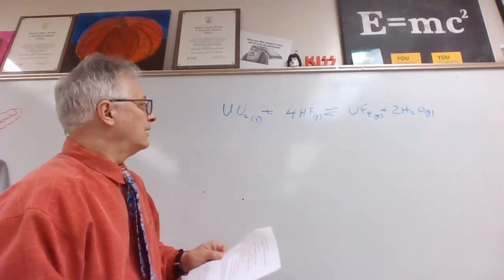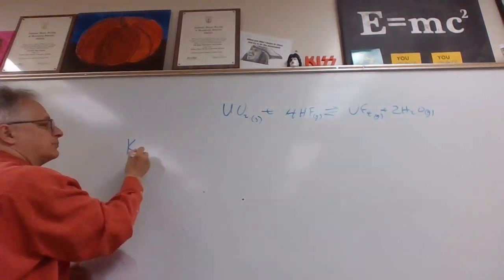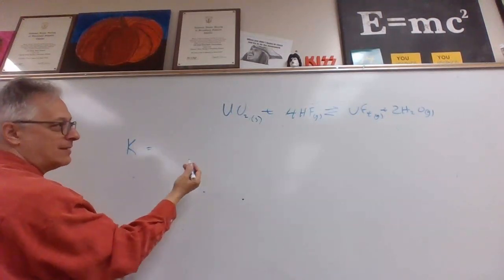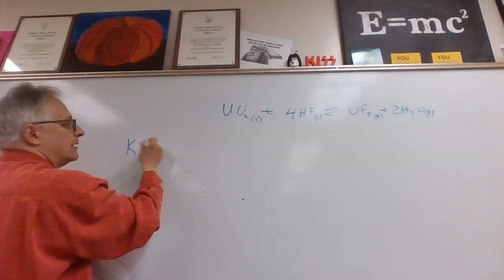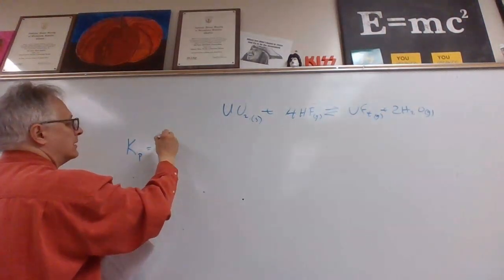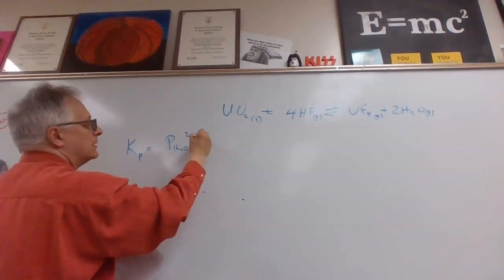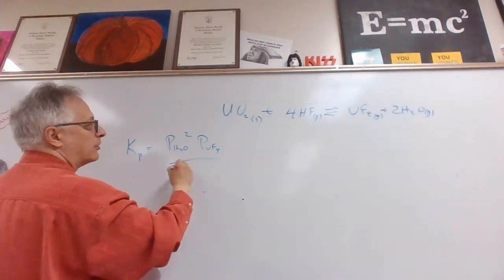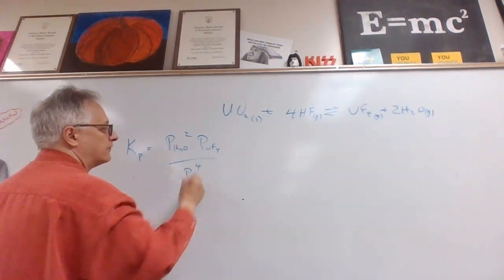So, what happens now? First of all, let's write the expression for this. I'm just going to put K here. It doesn't matter if we talk about KP or KC. Let's talk about KP, I guess. And that's going to be the pressure of H2O squared times the pressure of UF4 divided by the partial pressure of HF raised to the fourth power.